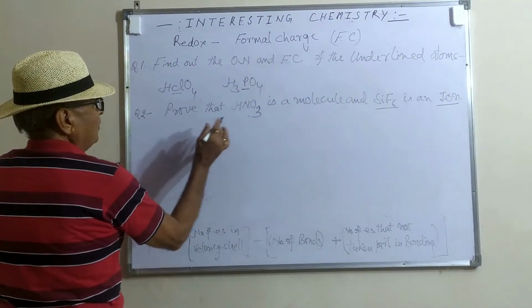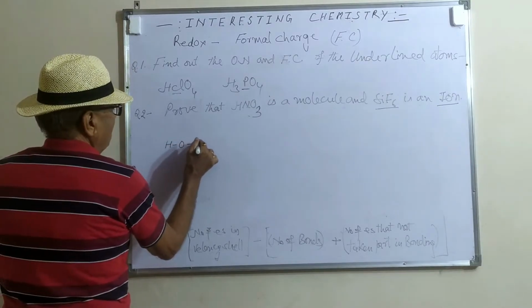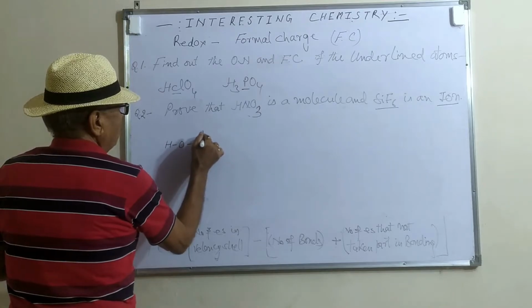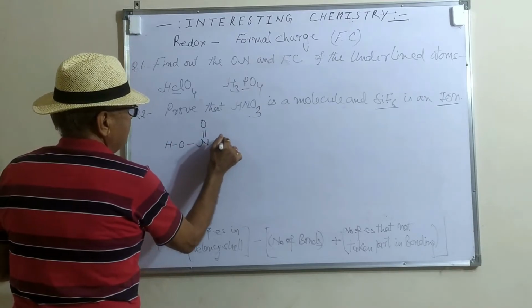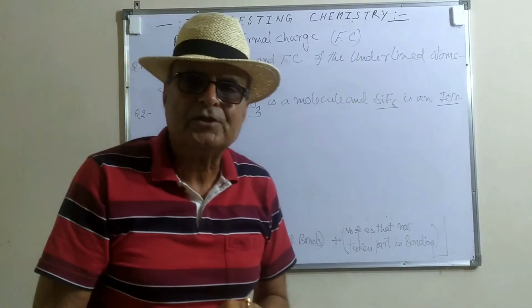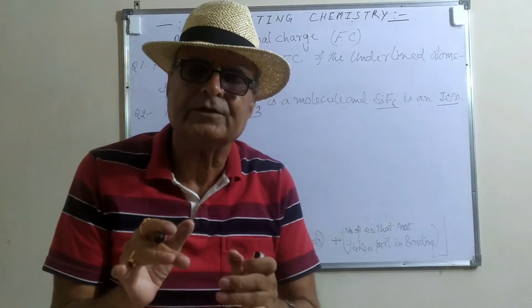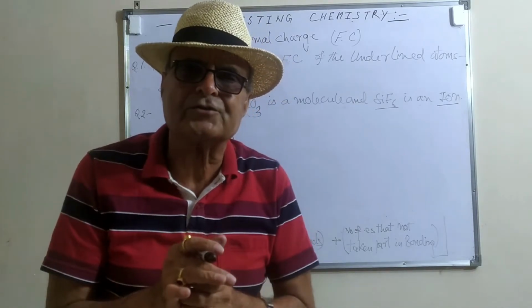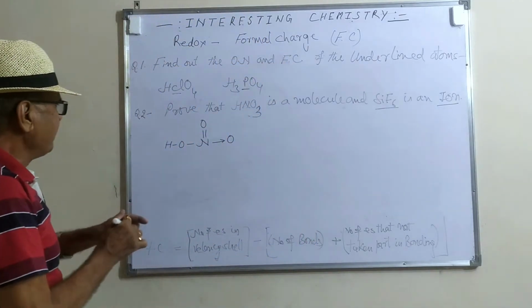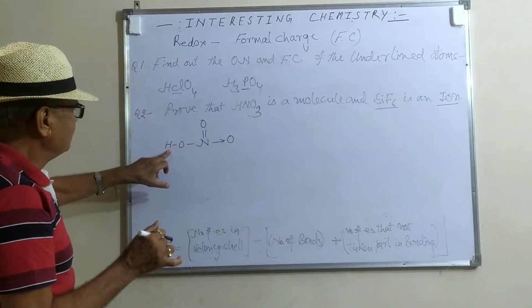So first of all, write the Lewis structure of HNO3. This is HNO3. Now I will calculate the formal charge of each atom found in HNO3, hydrogen, oxygen, and nitrogen.